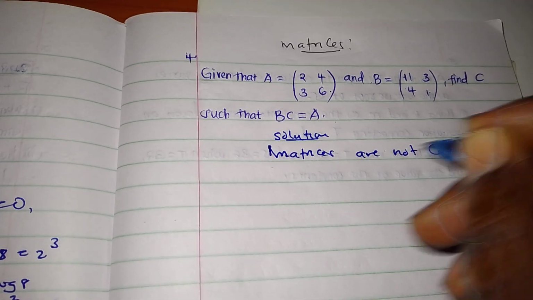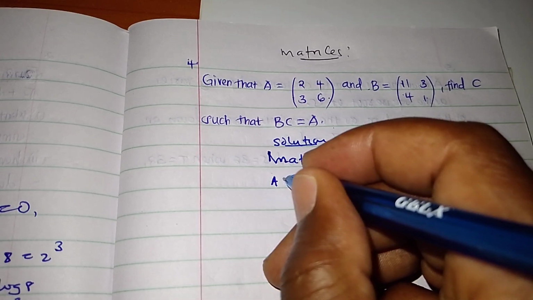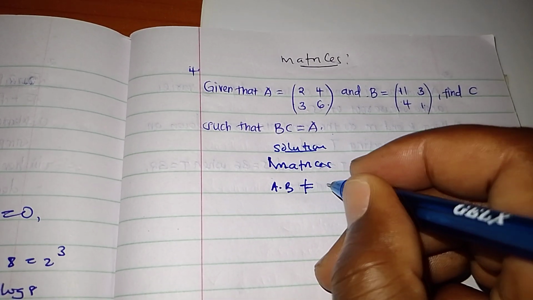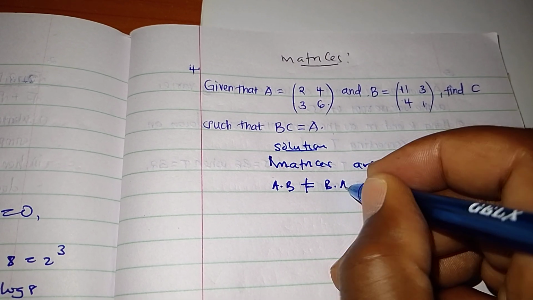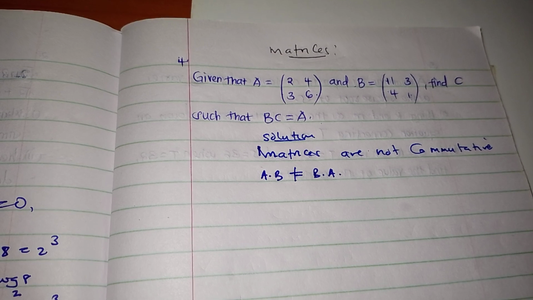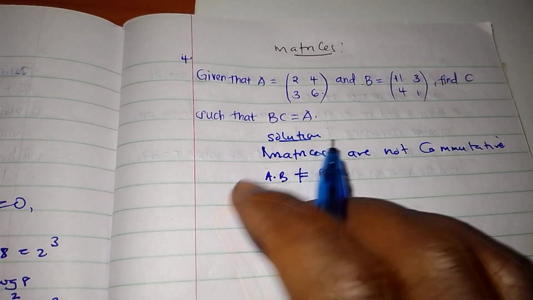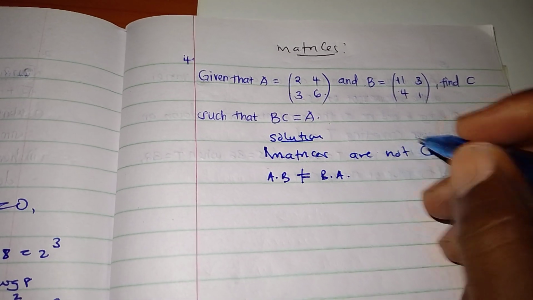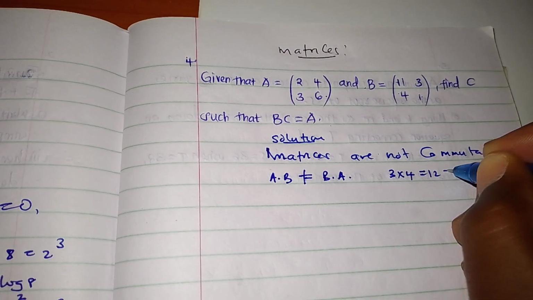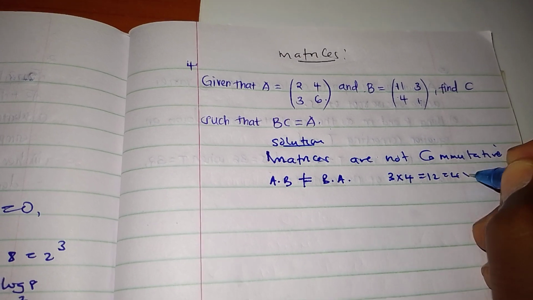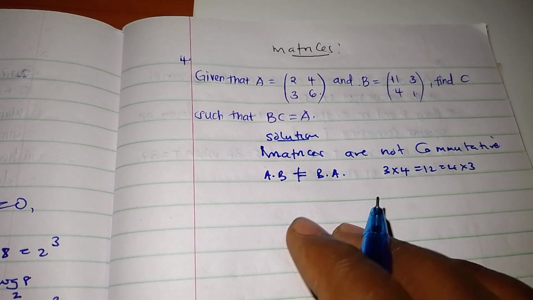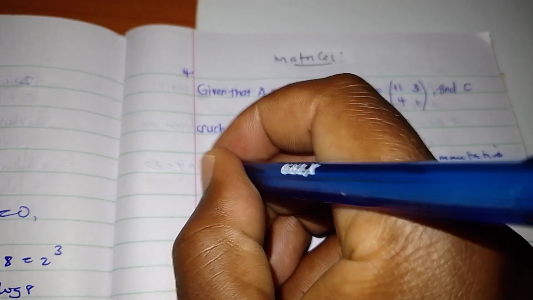What I mean by this is that if you have a matrix A and you multiply by B, that is not the same thing as taking B multiplied by A. So that's very important. Unlike in real numbers, where 3 times 4 is 12 and this is the same as starting with 4 then 3, this is not applicable in matrices. So that's very important, you have to note that.